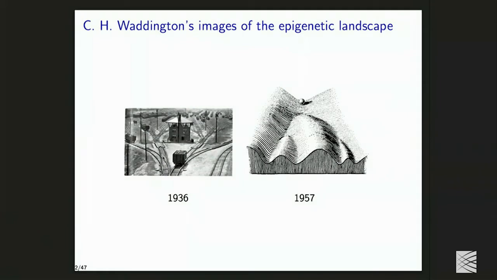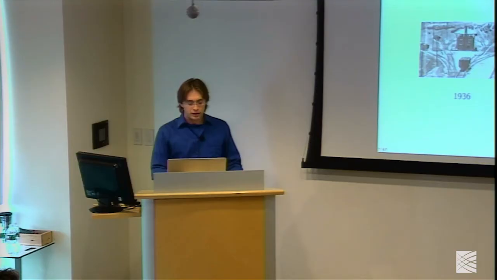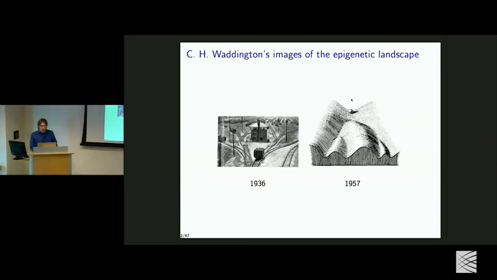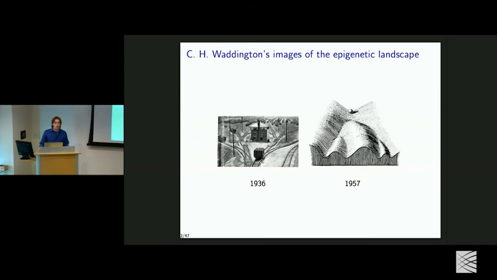His first image looked like a set of train tracks where a cell switched between a number of terminal fates along its journey of development. But his later image looks more like a landscape, and this is the image that people are more familiar with today: a marble rolling down a developmental landscape.